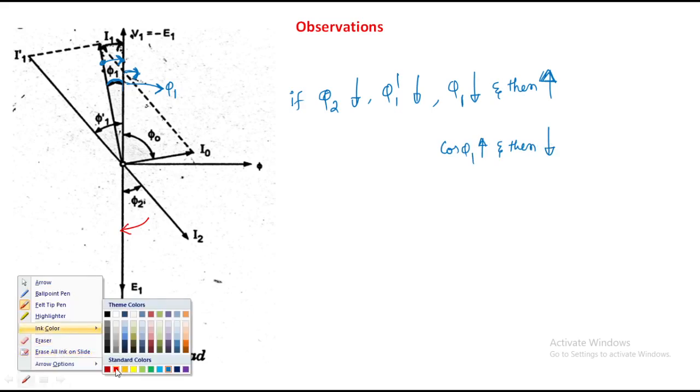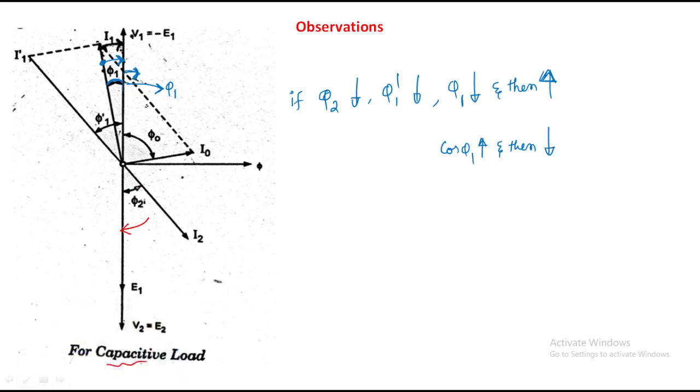That is the statement. Yes, we have to analyze by seeing this phasor diagram. If phi 2 decreases, that is cos phi 2 increases, then phi 1 decreases and then increases.